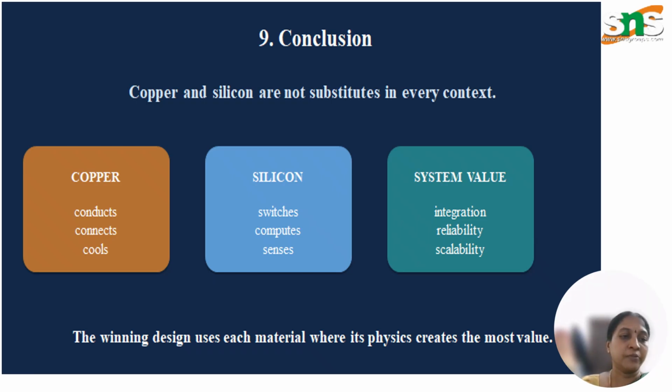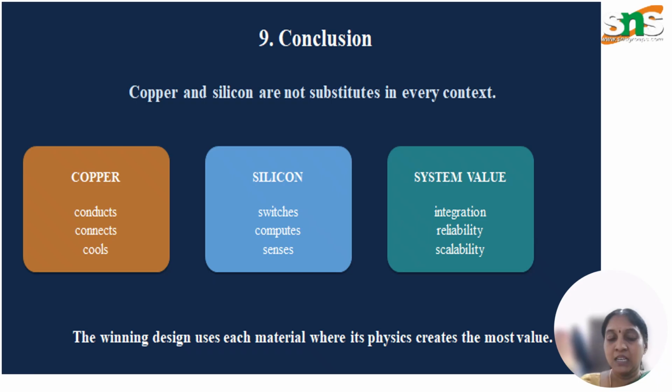So finally, we come to the conclusion. Copper is chosen when we need electricity to flow easily, whereas silicon is chosen when we need electricity to be controlled. This is the fundamental reason why copper dominates electrical wiring while silicon dominates modern electronics.